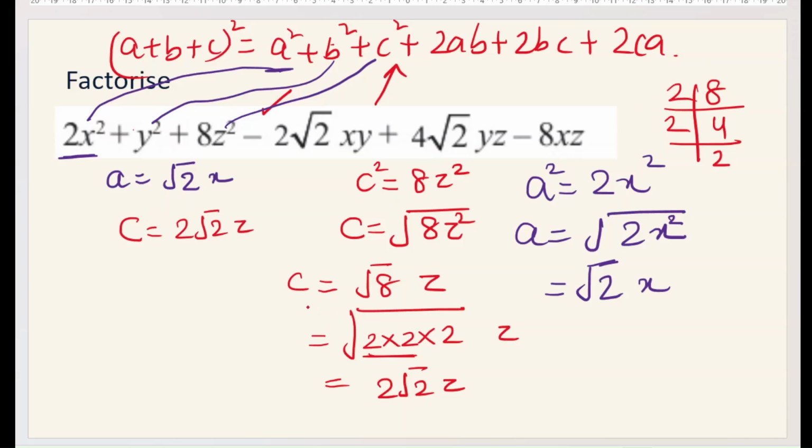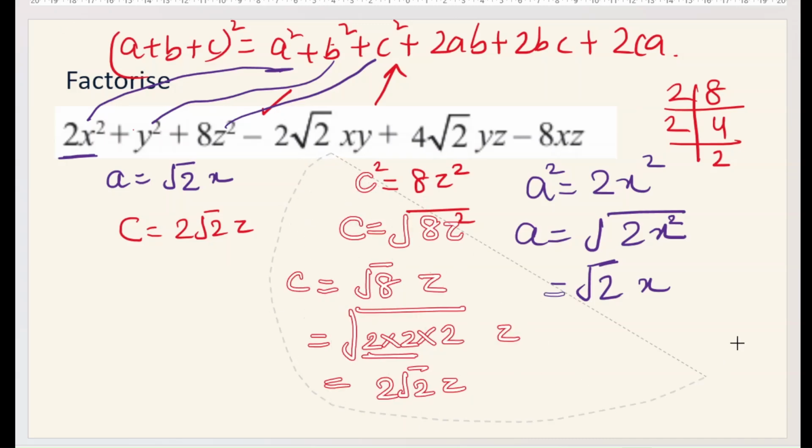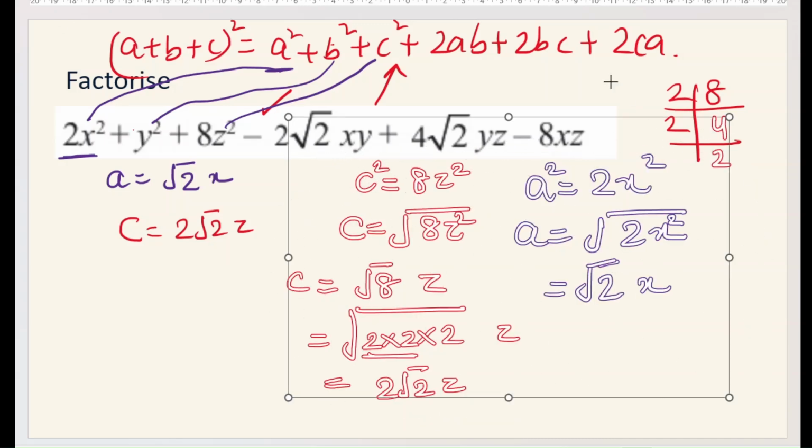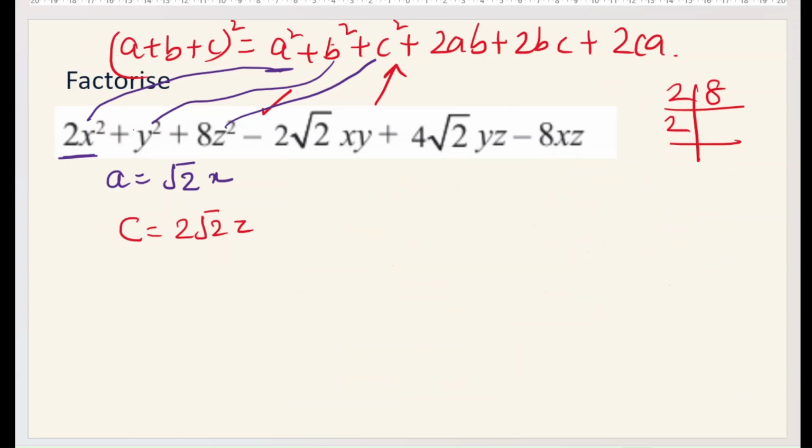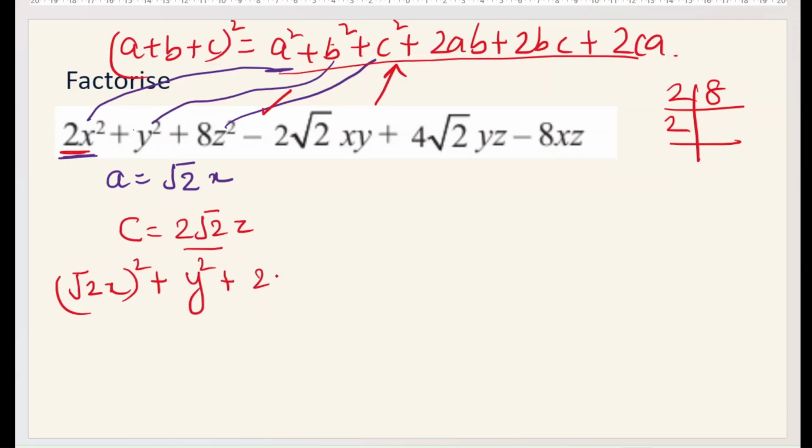Right? So now let's do this question. We have to write it in which form? A square plus B square plus C square plus 2AB plus 2BC plus 2CA. So the first term is A square. What is A? Root 2x whole square. Plus B square means y square. Plus C square. What is C? 2 root 2z whole square.